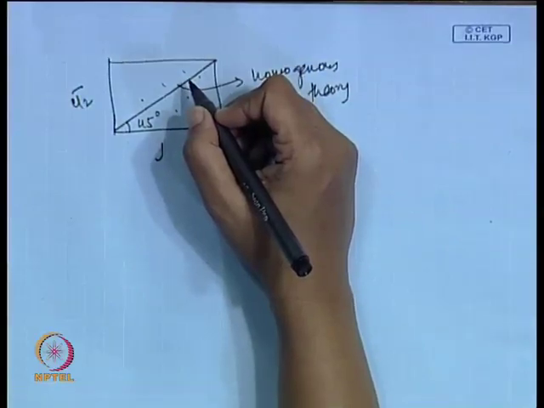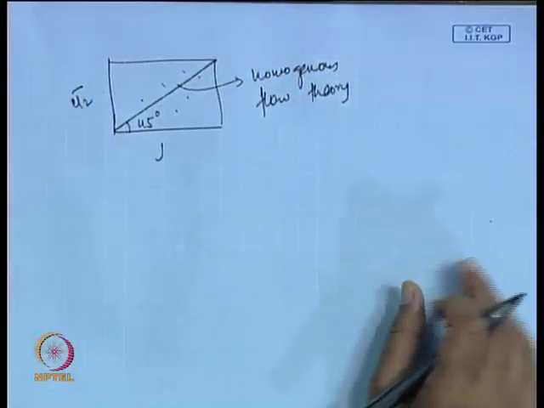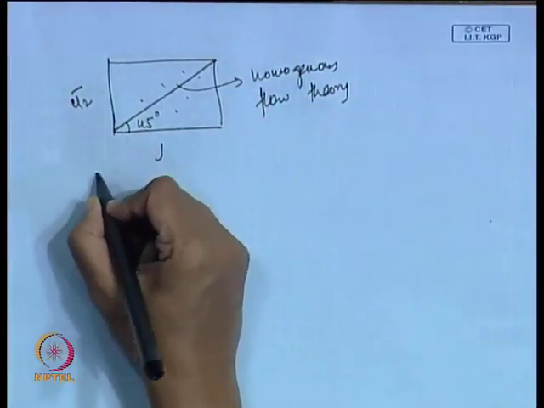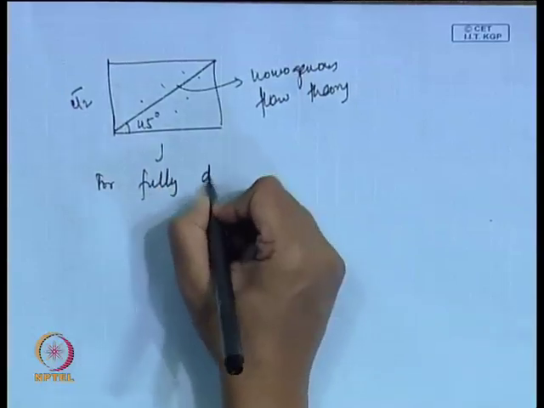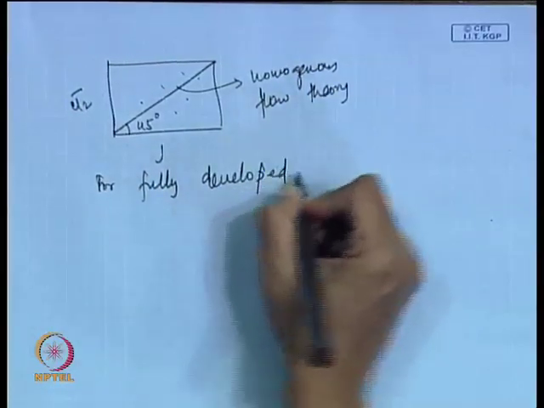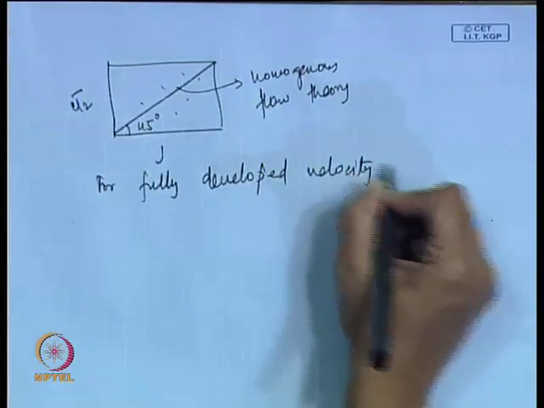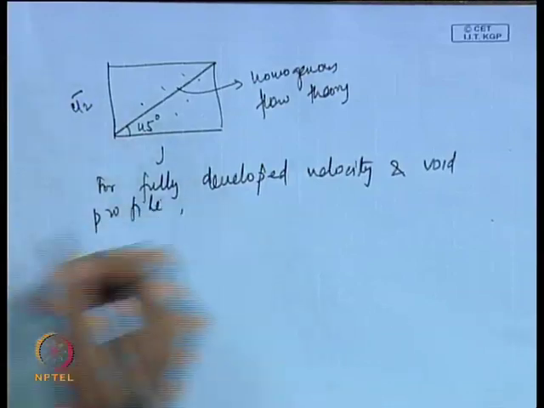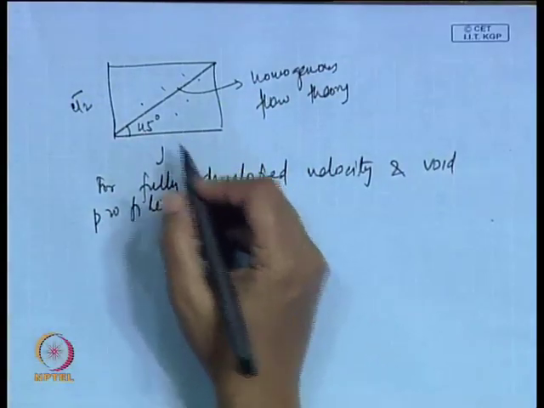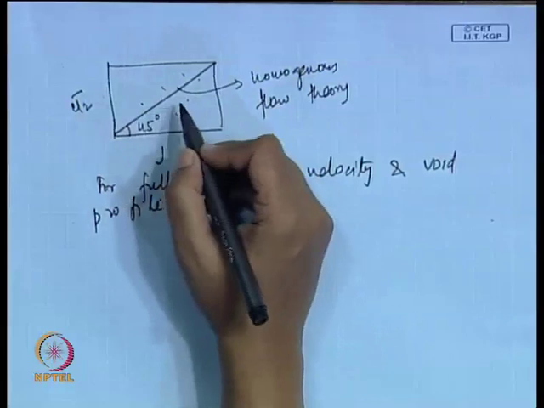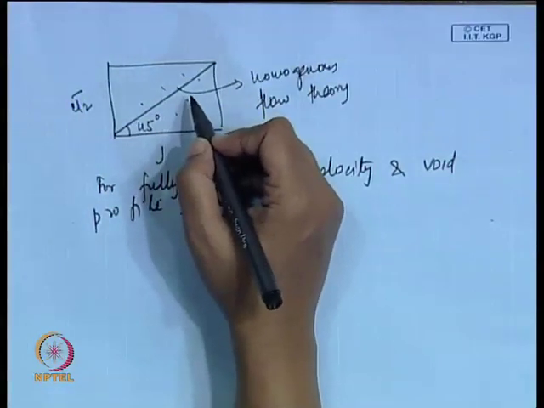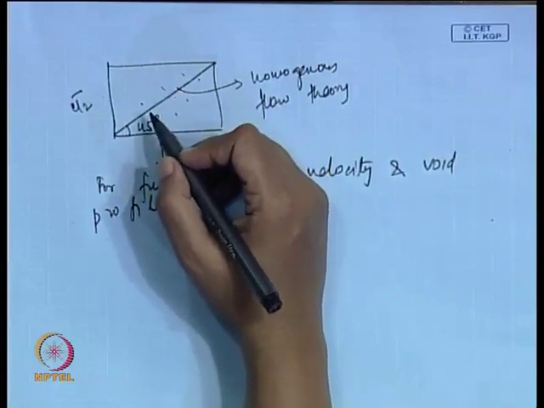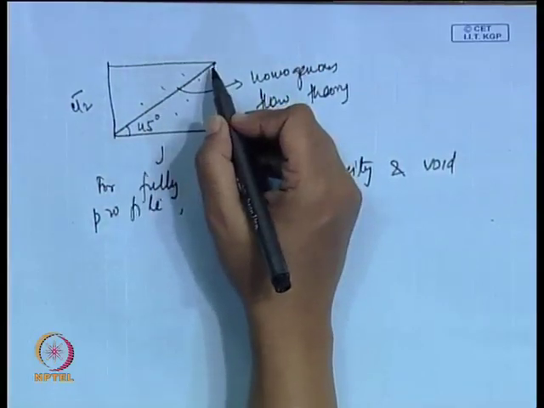Do you understand? Usually, whenever we have experimental data for fully developed velocity and void profile, we make such a plot, and then we substitute the data around this 45 degrees line. We find that usually the data points will be clustering around this line.